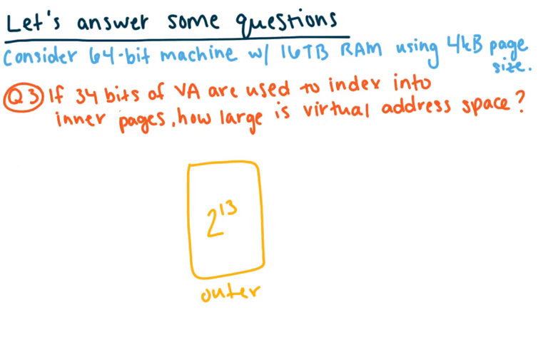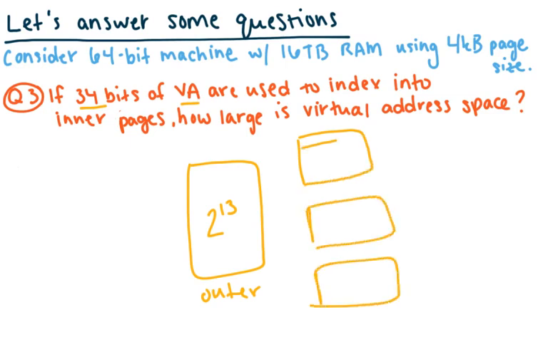So 2 to the 13 spots, and now 34 bits of the virtual address are used to index into the inner pages. So that means that each one of our inner pages can have 2 to the 34 entries.